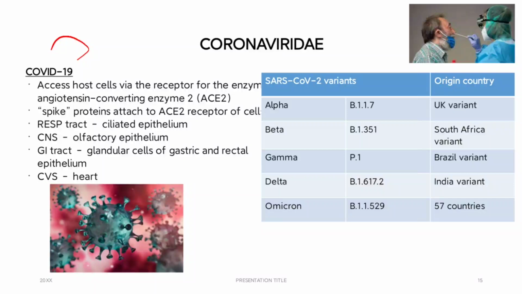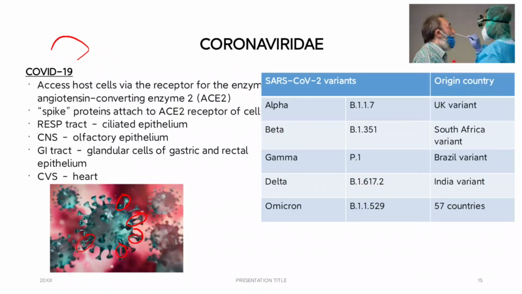So, yung spike proteins niya, yung makikita yung mga yan, corona niya, they attach to the ACE2 receptor of cells. And yung ACE2 receptor na yan, present yan almost all throughout your body. So, kaya nga ganun kabilis mag-infect yung coronavirus na yan.